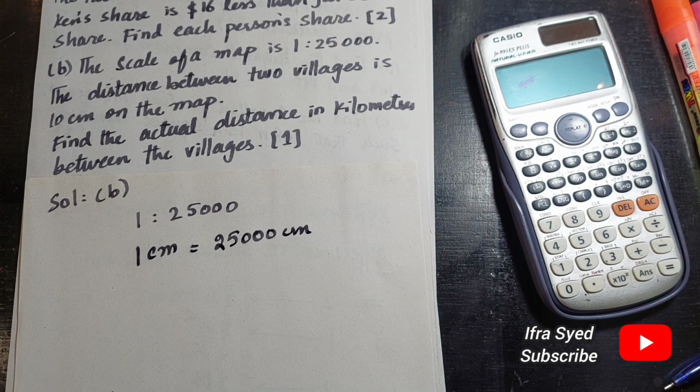The scale given in this part is 1 centimeter is equal to 25,000 centimeters. So we have to change it into kilometers.